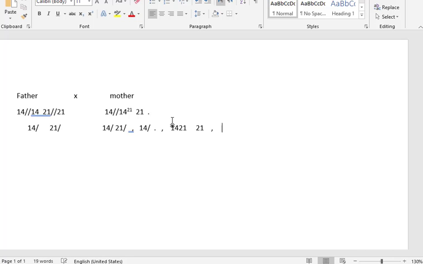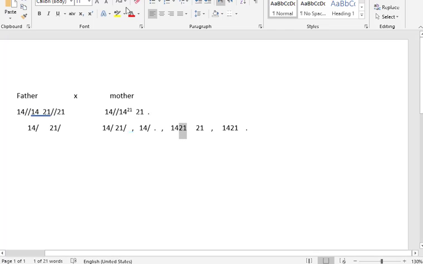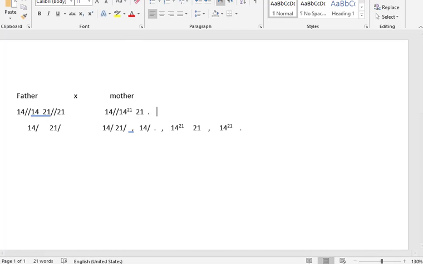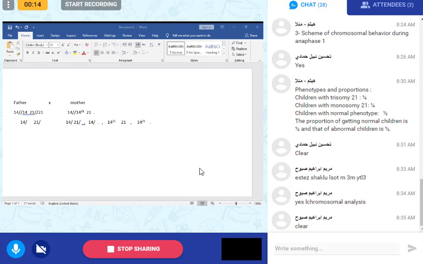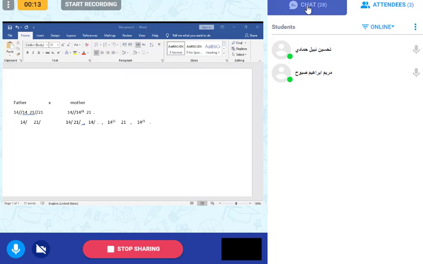And she has 14 with the 21 above it with the dot, this means nothing. Okay, clear now? Until now? Is it okay, Maryam, until now?